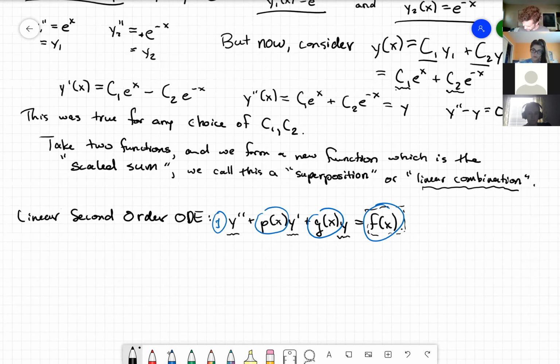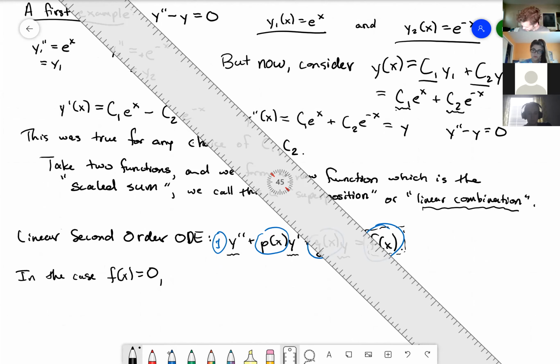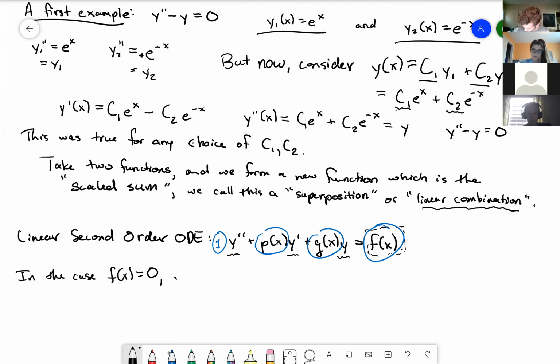And in the case that f of x equals 0, I apologize for my handwriting, we call this homogeneous. Just like in the case of the first order linear ODE, when the right-hand side, which was a function entirely in terms of x with no y or derivative of y involved, was equal to 0, we called this homogeneous.